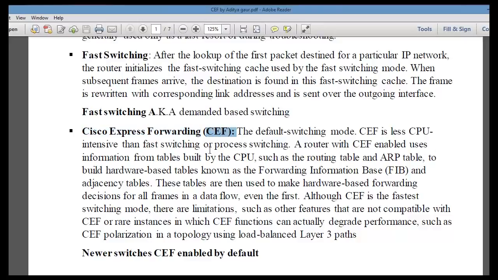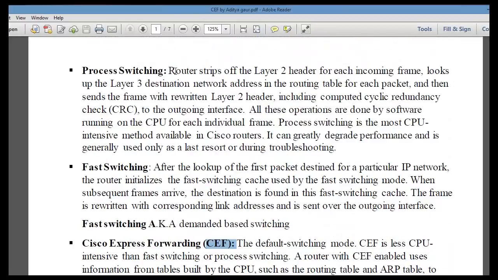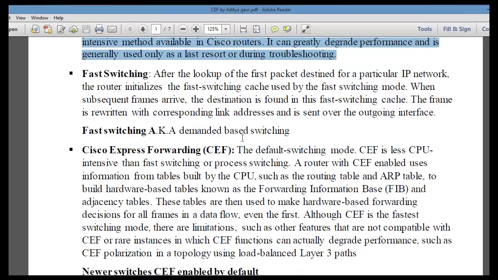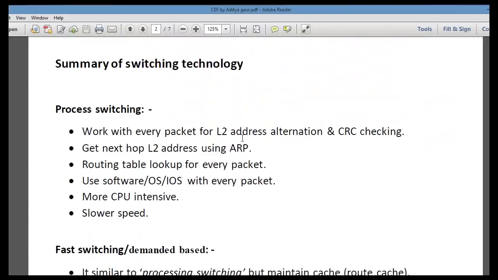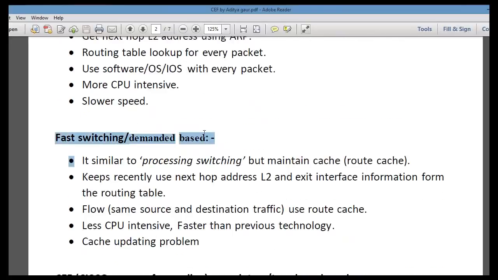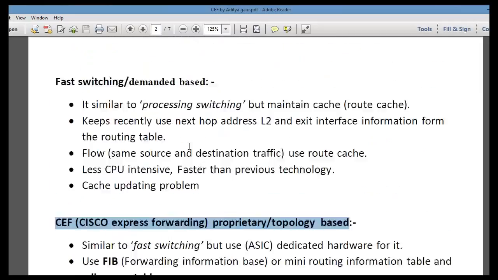Now we are going to discuss a summary, not a whole bunch of words. I also created a summary so that it will be easy for you to understand. So we have 3 methods of switching a packet on a layer 3 switch or a router: process switching, fast switching and Cisco Express Forwarding.